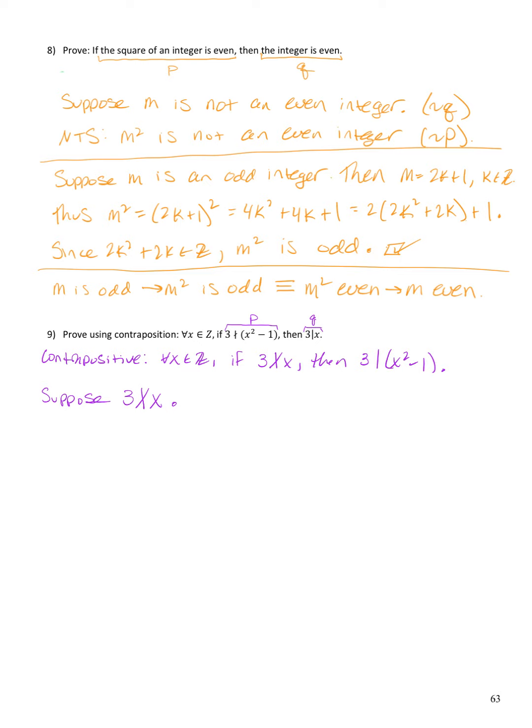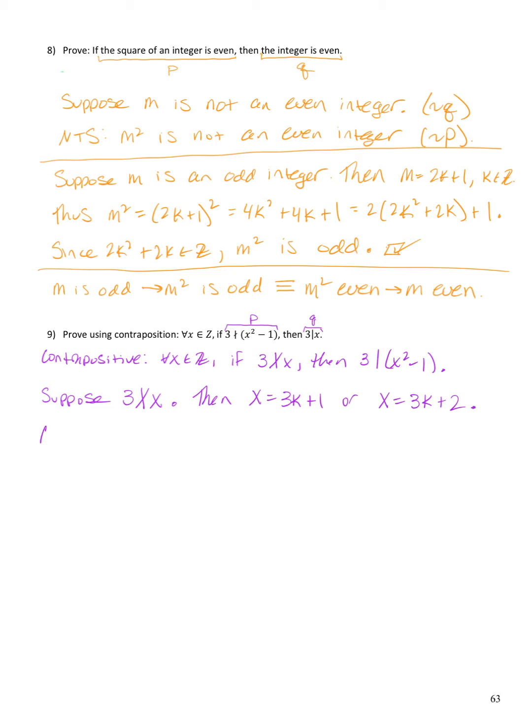It's not 0 because that would mean that 3 divides x. So it has to be that x is a multiple of 3 plus 1, or x is a multiple of 3 plus 2. So I have two cases. I have to show that in both cases, 3 divides x squared minus 1, or that x squared minus 1 is a multiple of 3.